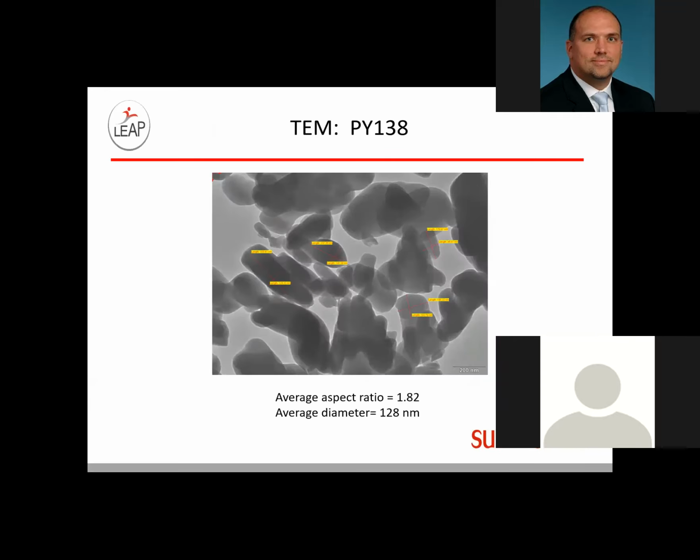In these pictures, you'll note that the crystal shape is again another barrel-shaped pigment, a little bit shorter and squatter here, with an average diameter of about 128 nanometers.